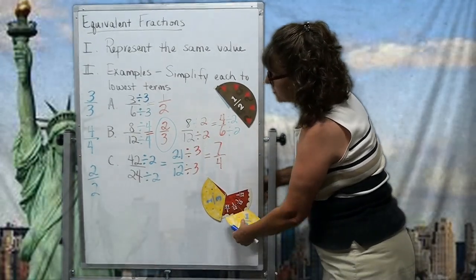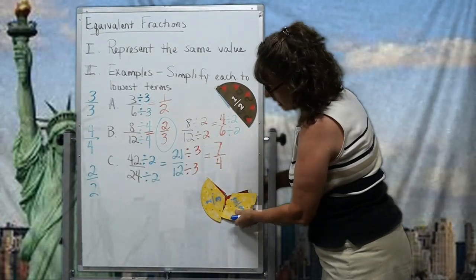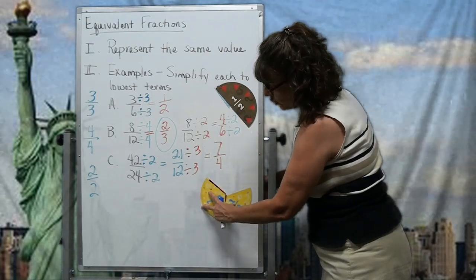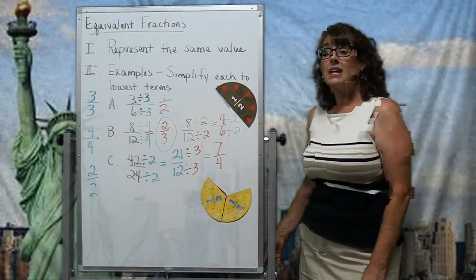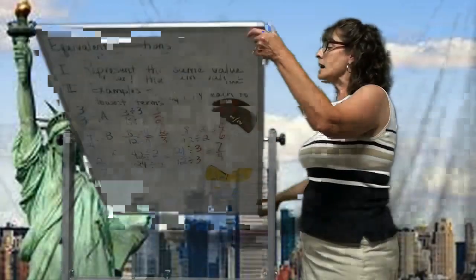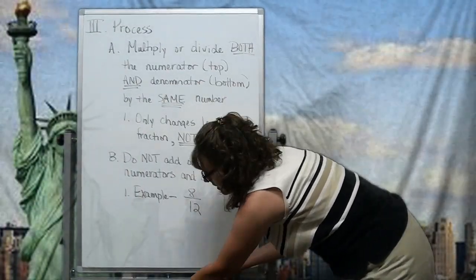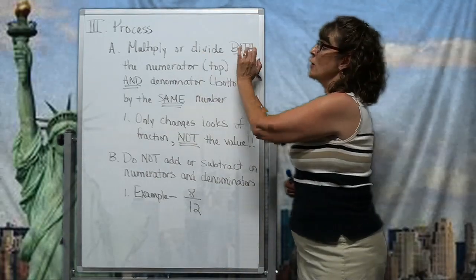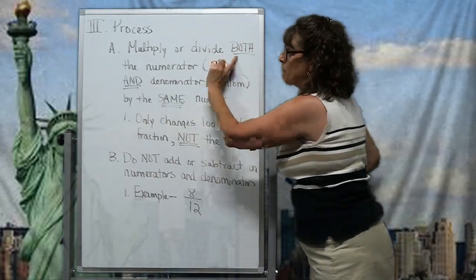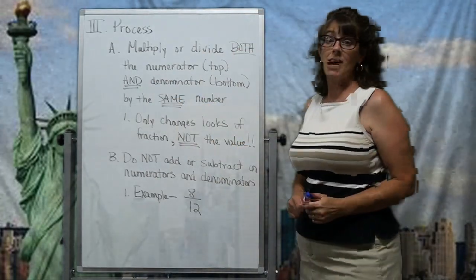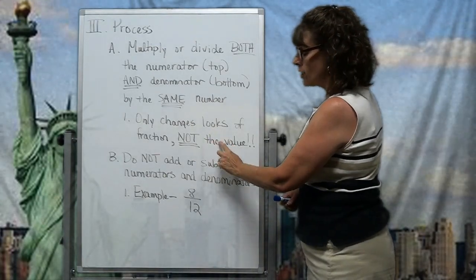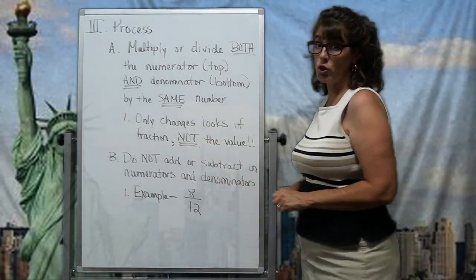They look different, but have the same value. So that's why it's critically important that you multiply or divide both numerator and denominator by the same number, so that you do not change value, just looks.